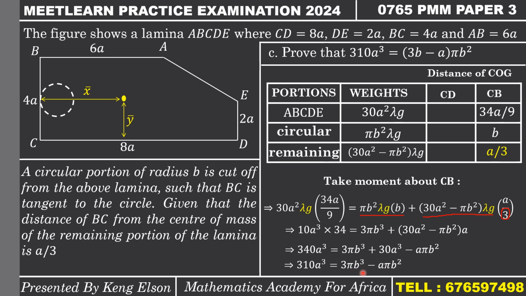From these two terms, pi b squared is common. If I factorize pi b squared from here, I'll be left with 3b, and from here I'll be left with a. So at the end of the day, we have 310a cubed equal to 3b minus a, all of that multiplied by pi b squared.